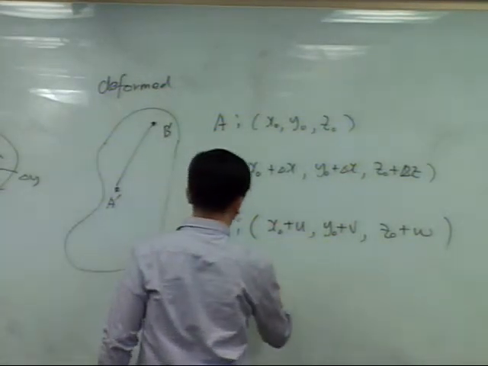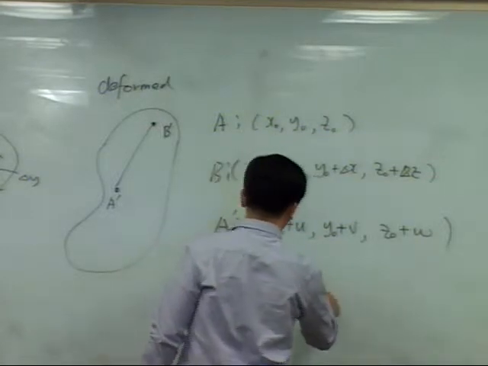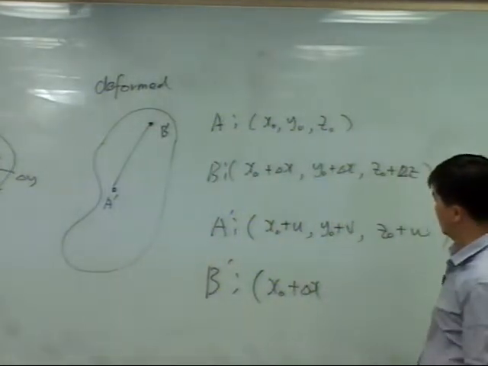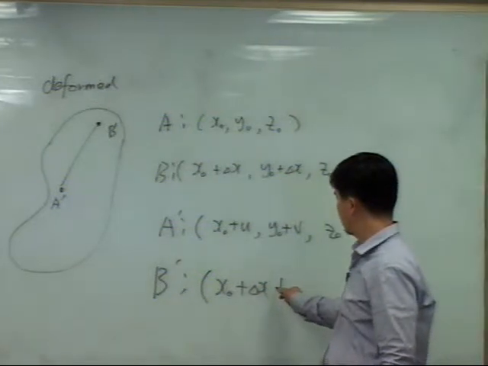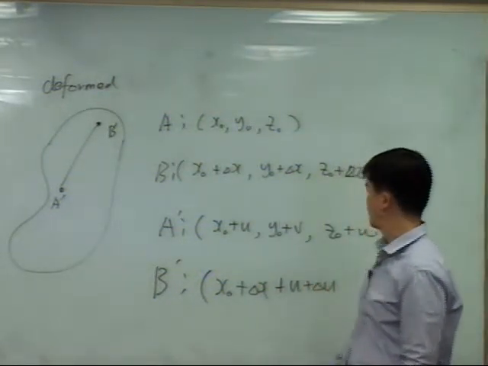It was originally at x0 plus delta x. And it will move u plus delta u. Okay?